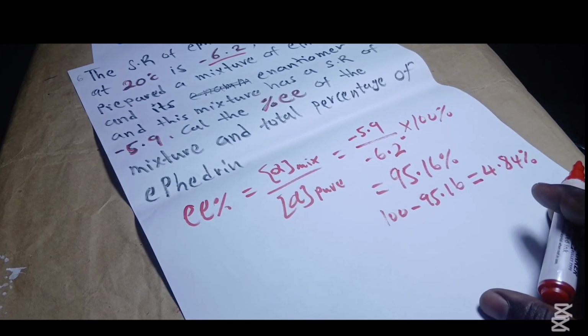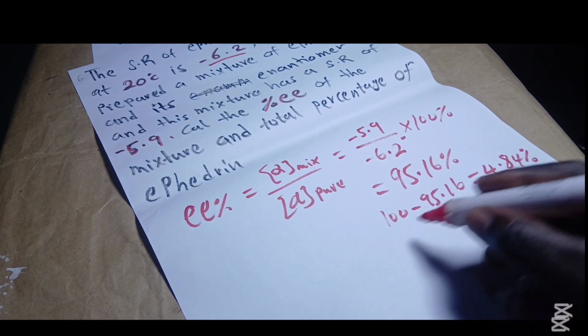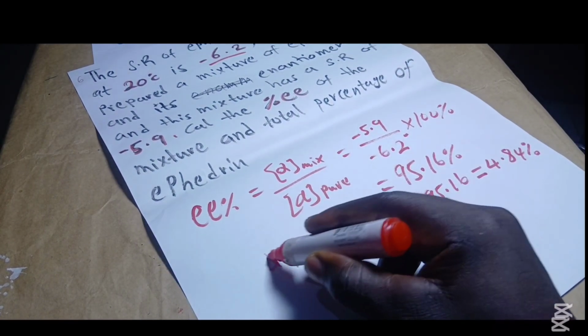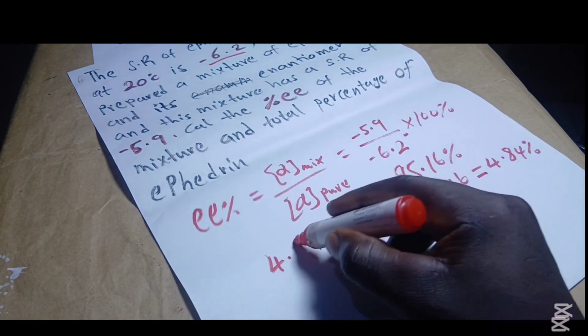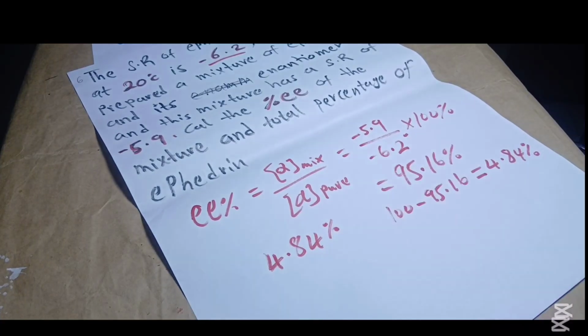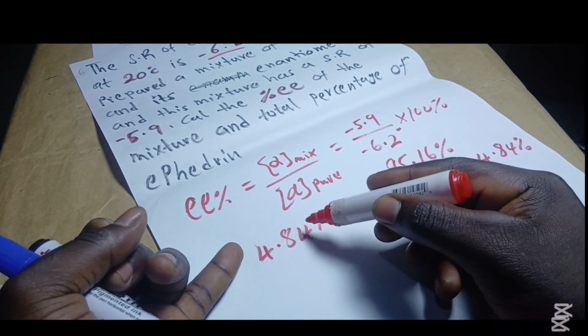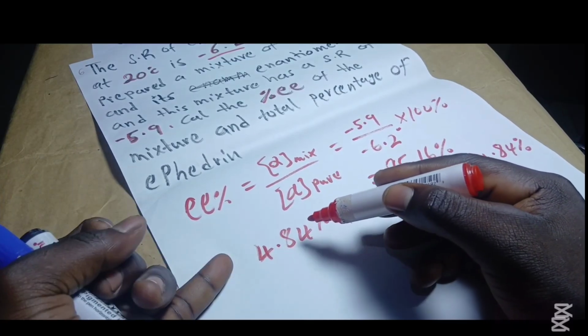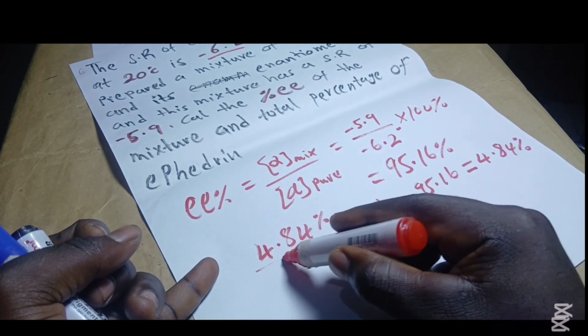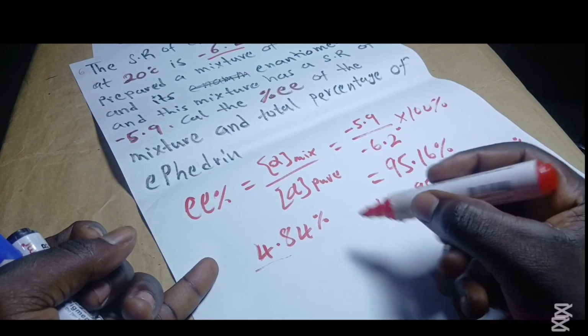4.84%. So this is the value of the racemic mixture that was formed, 4.84%. It means this value here has ephedrine and its enantiomer that came together to form a racemic mixture of 4.84%.